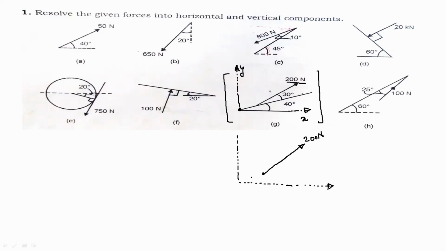Okay. And there is one inclined line like this. For this inclined line, the angle is 40. And again, there is angle of 30 degree for this 200 Newton. Okay. So this total angle, just I will extend this line, that is the line of action of 200 Newton, so that it will meet the x-axis.